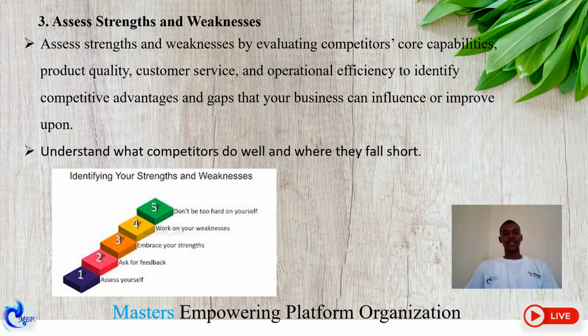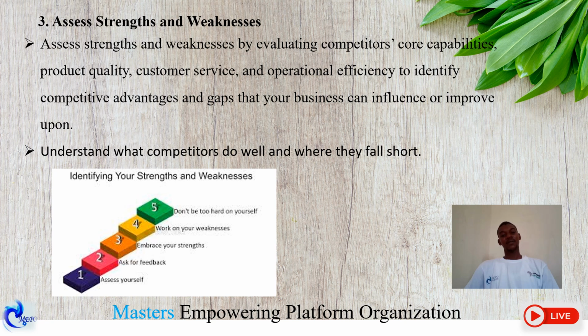So, assess strengths and weaknesses by evaluating the competitors' core capabilities, production, quality, customer service, and also operational efficiency. This identifies the competitive advantage and gaps that your business can influence or improve upon, understanding what the competitors do well and where they fall short.